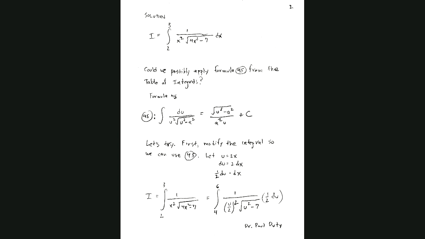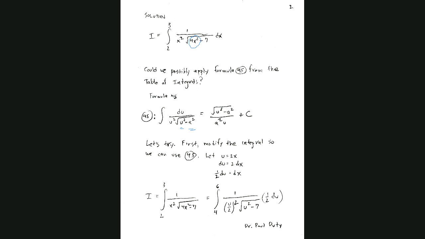Okay, so we agree formula 45. But, and I'm going to let you copy this, we're going to have to modify the integral first. We're going to have to let u equal 2x. Because in formula 45 square root, you have a u squared minus an a squared. You don't want 4x squared, you want just a variable squared.